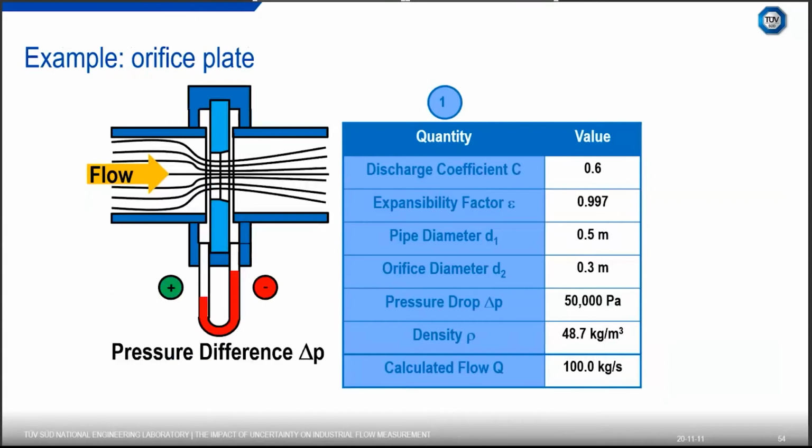So we go through each of them: the discharge coefficient, expansibility factor, what the pipe diameter and orifice diameter are, what the pressure drop is, determined by the U-tube manometer, as well as the density of the fluid. All of these parameters will have an associated uncertainty, and this will affect what the uncertainty of the calculated flow is finally.